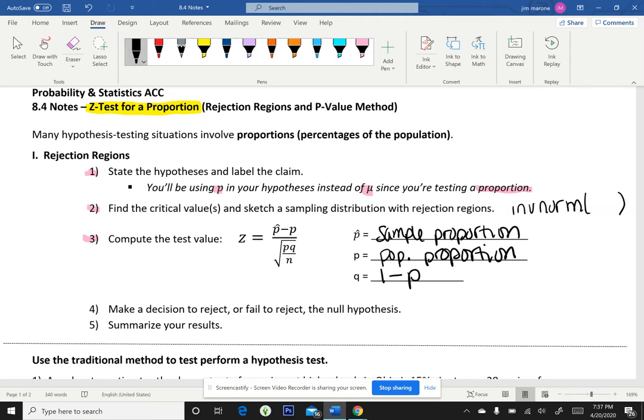And then again, step 4, like always, we make a decision to reject or fail to reject the null hypothesis, and we summarize the results. So remember, if you reject the null hypothesis, your test statistic is in the shaded region, or test value, whatever you want to call it.